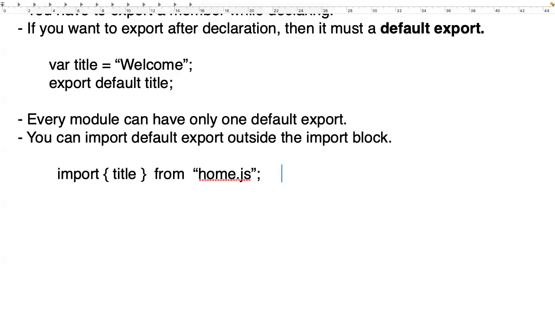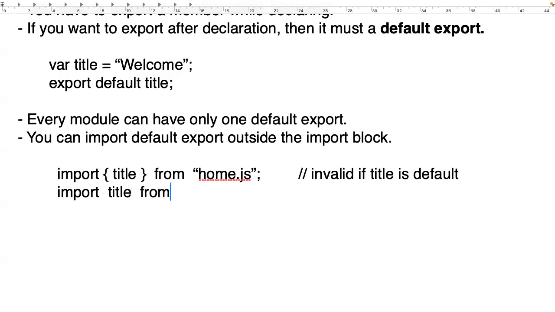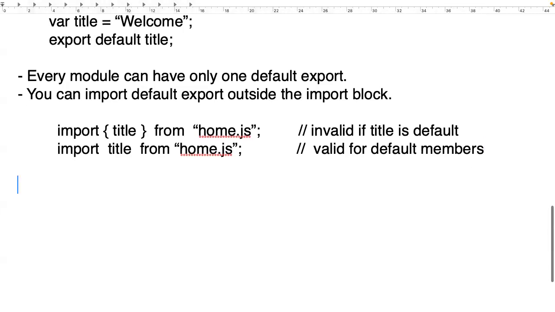Suppose I wrote it like this, with title inside the block. This is invalid if title is default. Then how do we import? Import title directly from home.js. This is valid for default members. There is no question of having more than one default member. Default members can be only one.